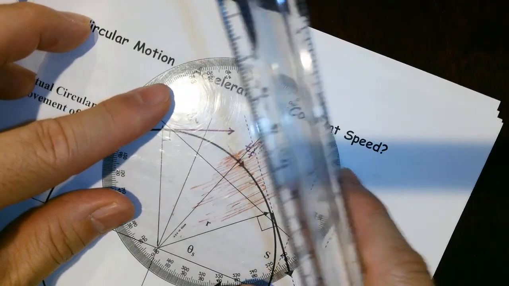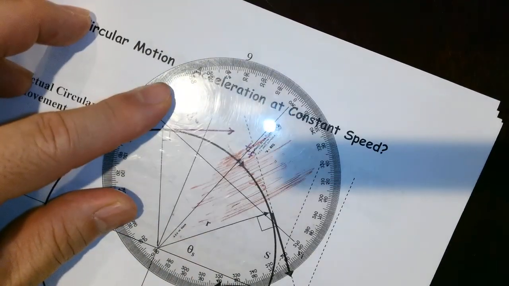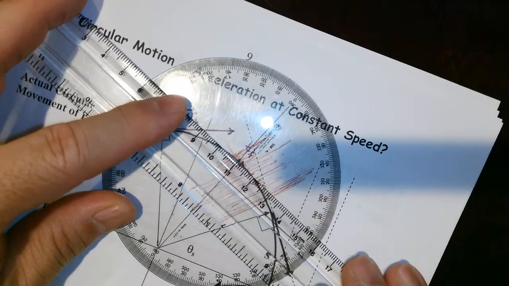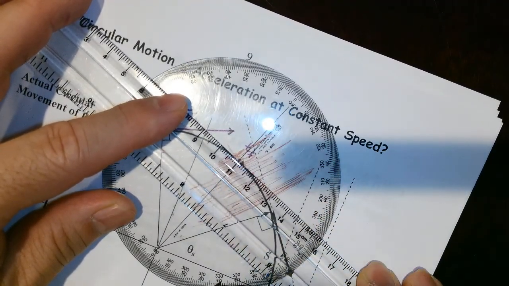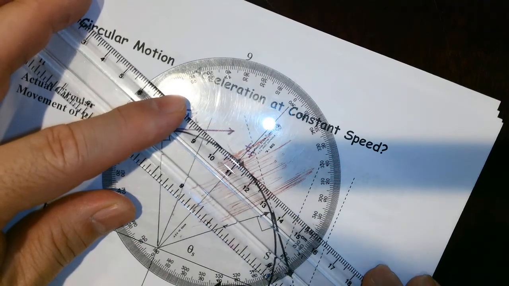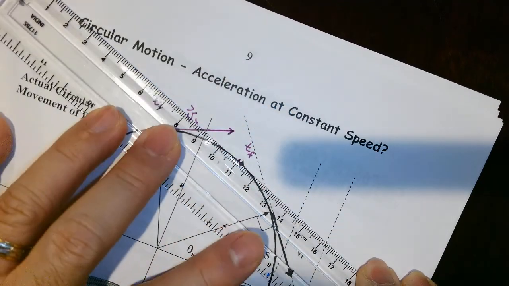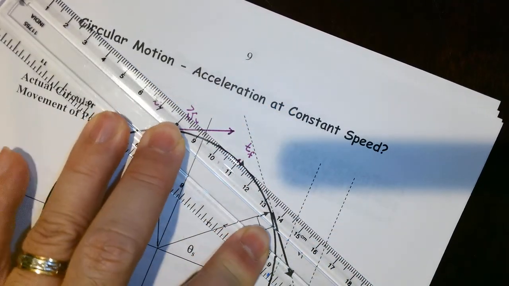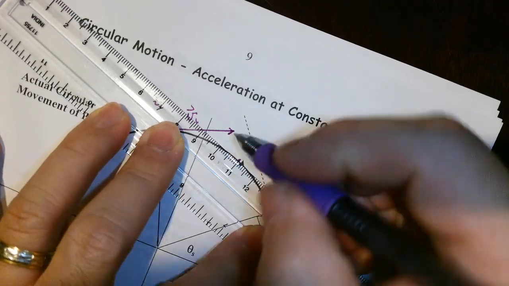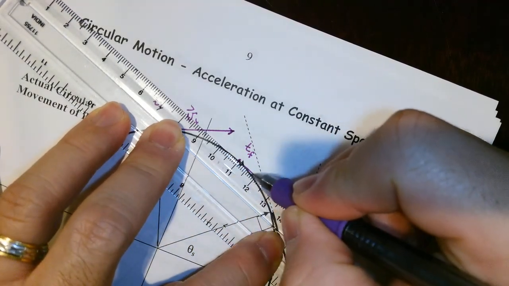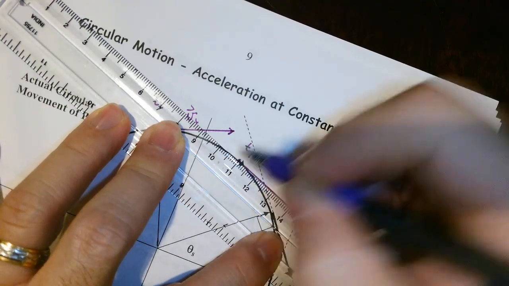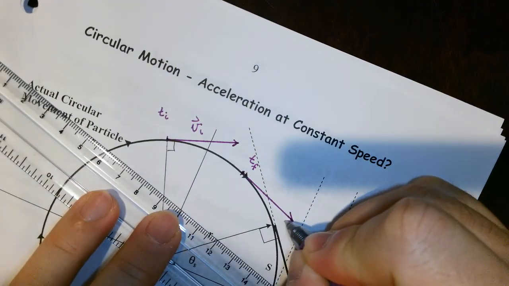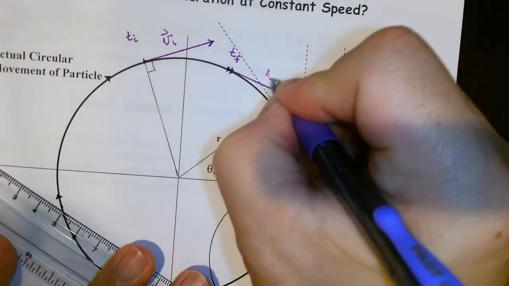And then if I were to look at my tangential, right, so it's going to be like this. And then if I were to draw my instantaneous velocity vector at VF, right? Here's my VF.